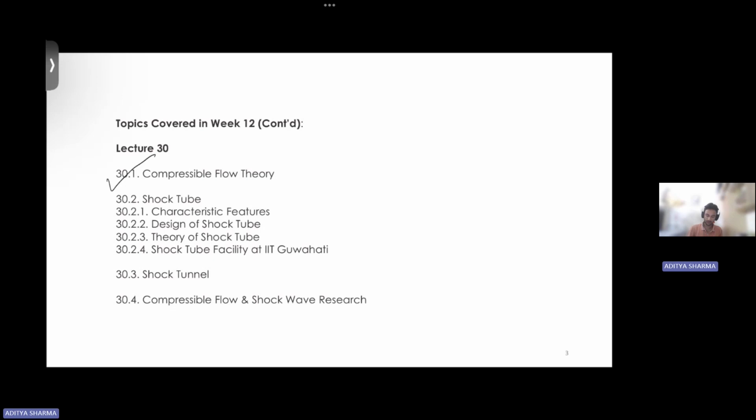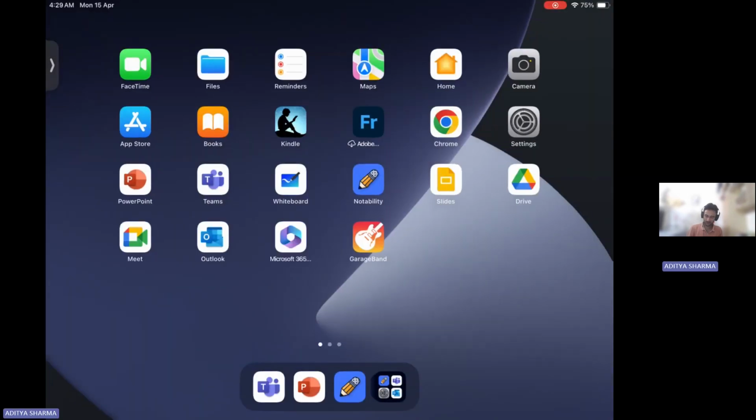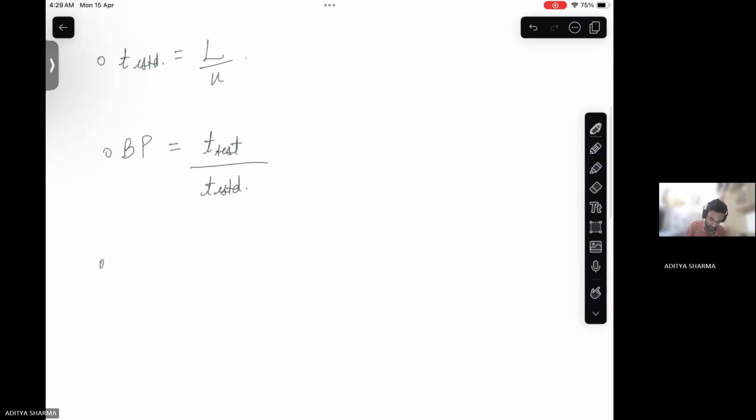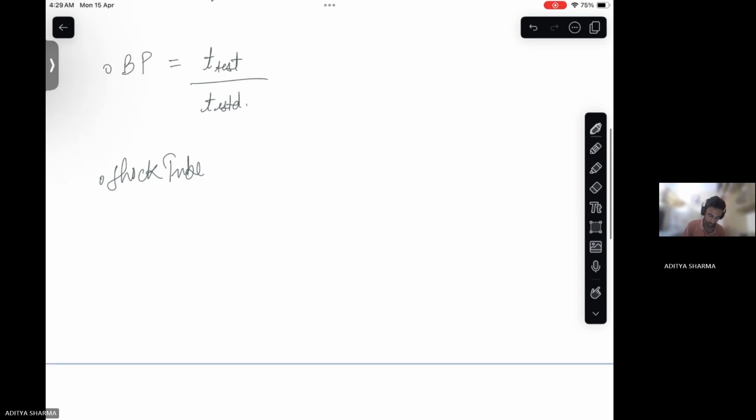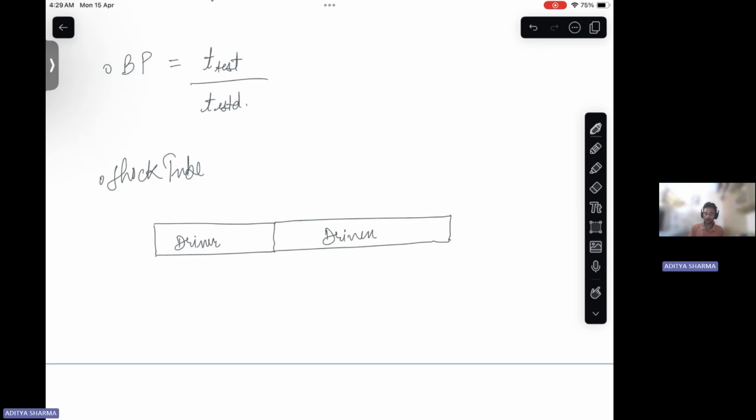After that, we come to the shock tube. A shock tube is nothing but a tube-like structure where we have two sections: one is a driver section, and another one is a driven section.